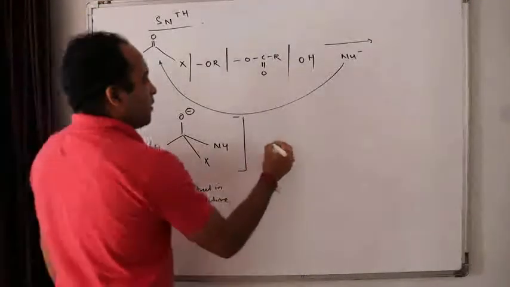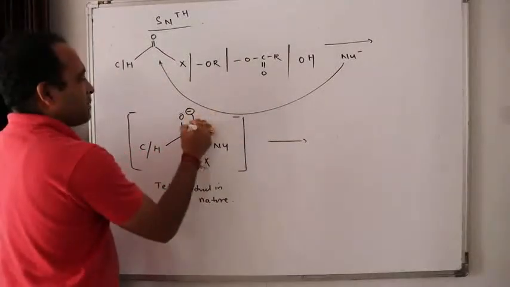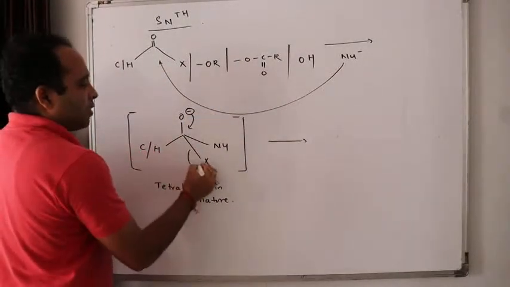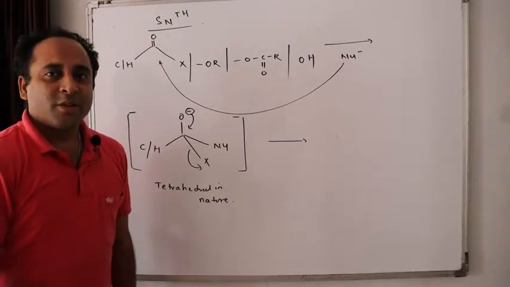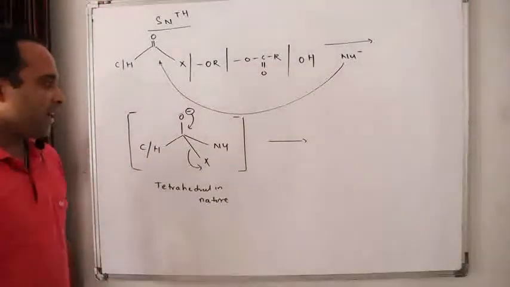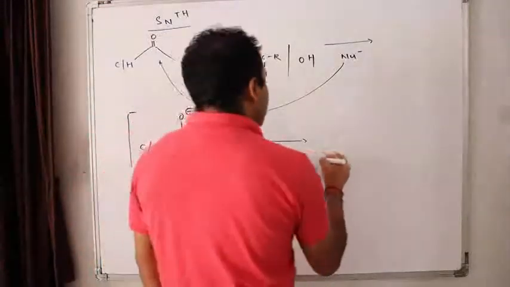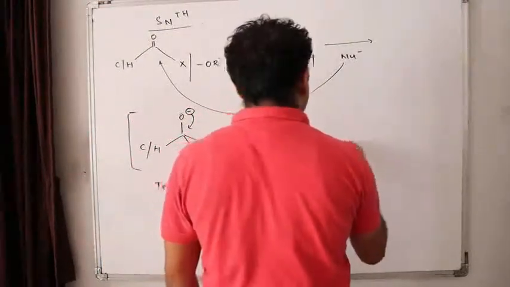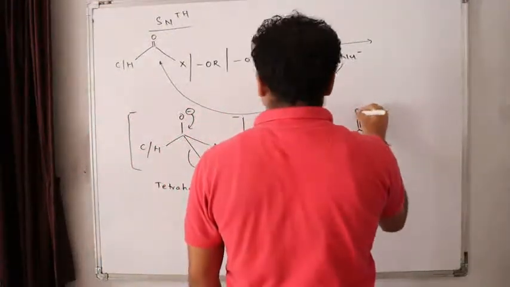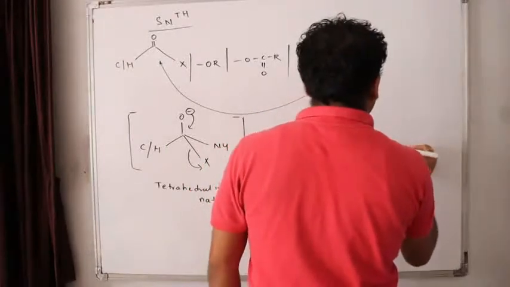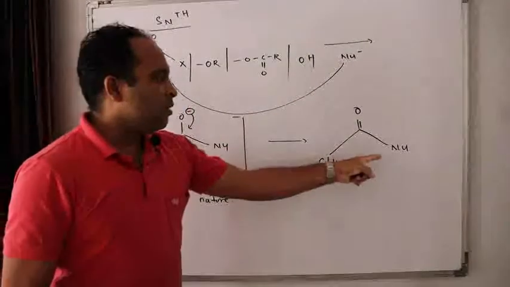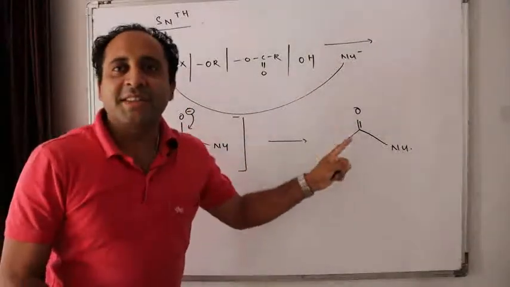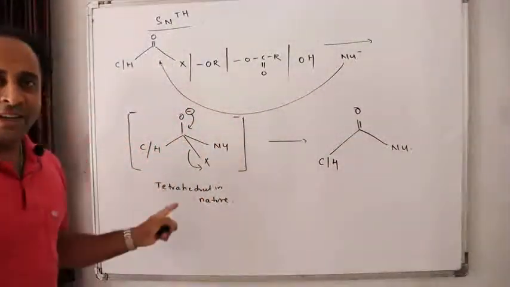In the next step, when this unstable minus comes back, it will throw out the most easily leaving group, that is X. So what will happen? We will get something like this, CH double bond O. So what happened? Here the X group is being replaced by the nucleophile. So this is a substitution reaction through tetrahedral.